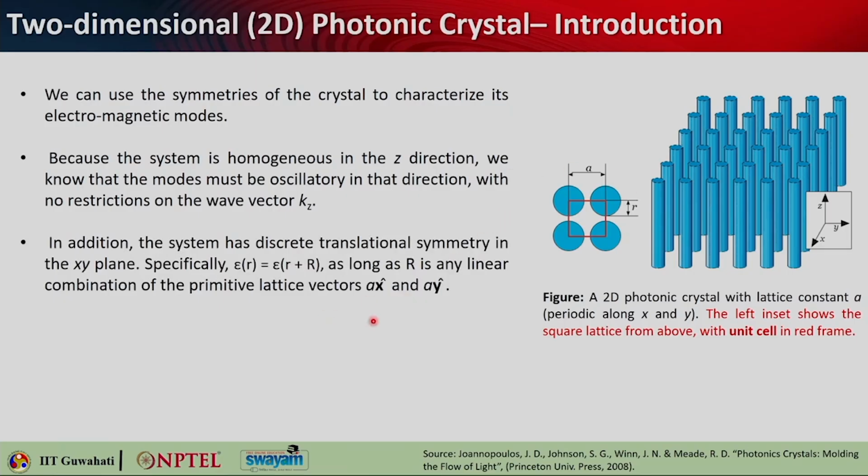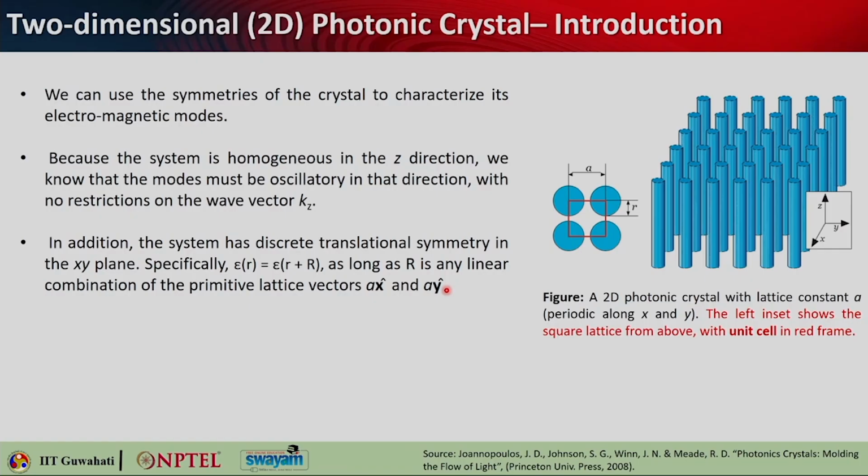However, if you look at the system from the xy plane, it has discrete translational symmetry, which we discussed in the previous lecture. In that case, you can write that epsilon of r will be epsilon of r plus R. What is capital R? It is any linear combination of the primitive lattice vectors. In this case, the primitive lattice vectors can be a x-cap and a y-cap, because it is a square lattice.